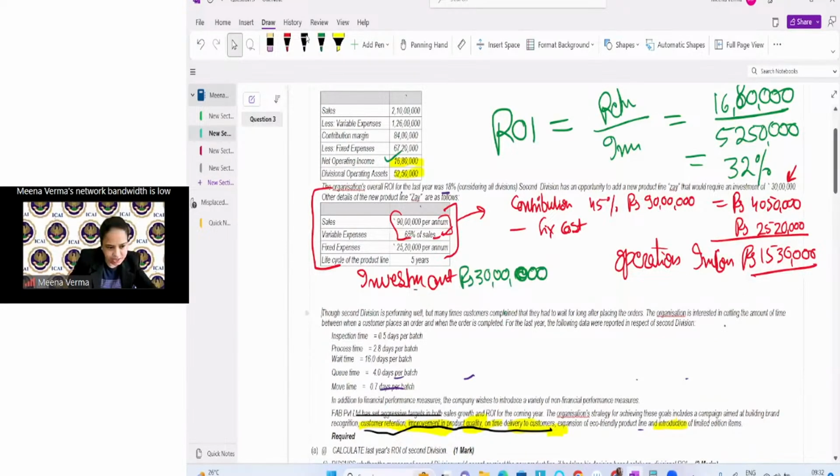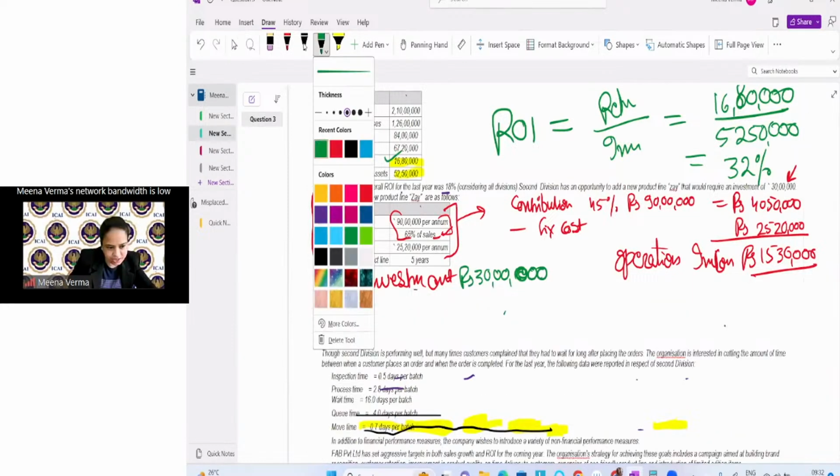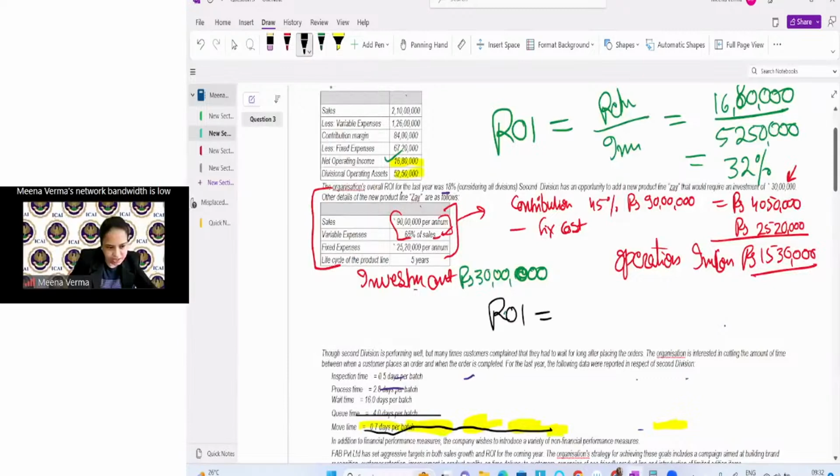Considering these two pieces of information, take your operating income, then divide it by the investment. I can see it is improving actually. Divide it and give me the value. Is there any doubt up to here? You can ask me if you find any doubt or problem.